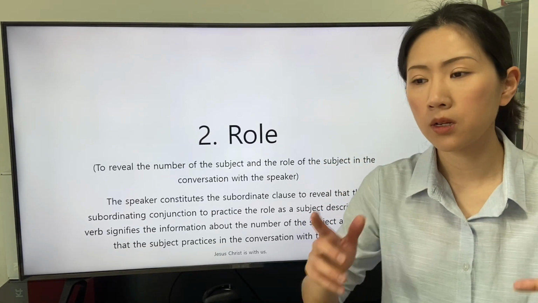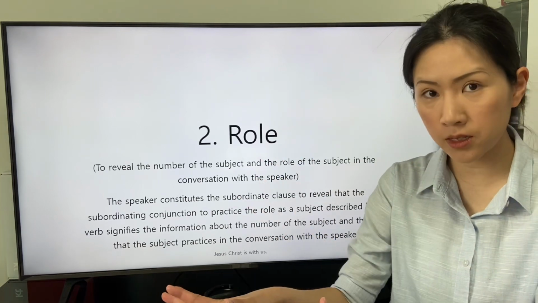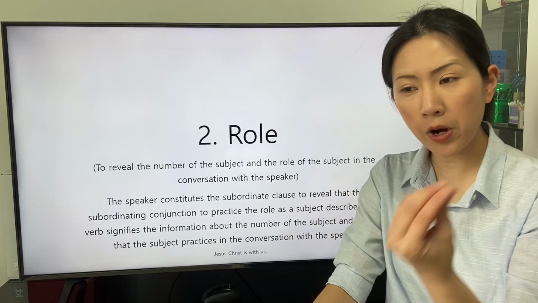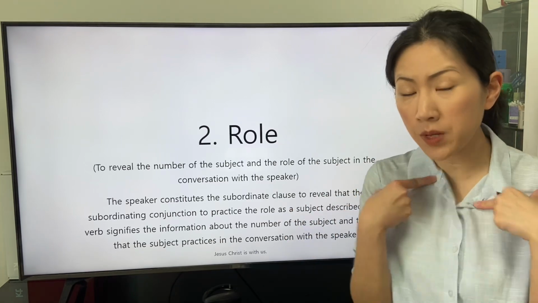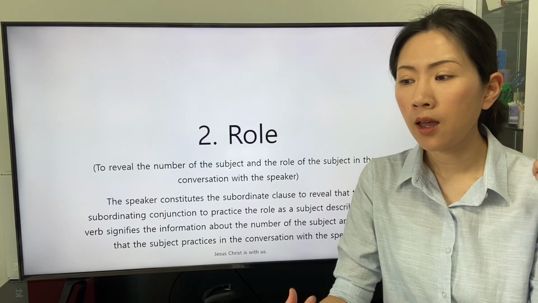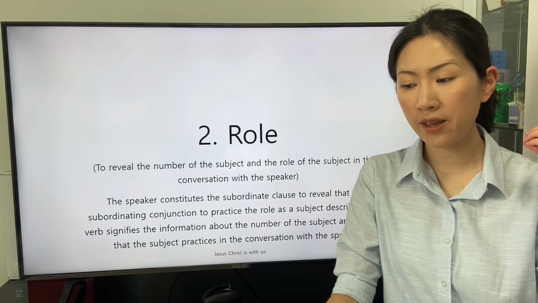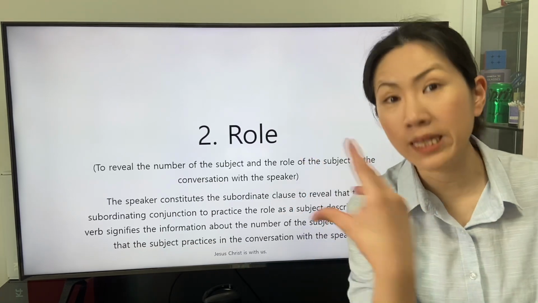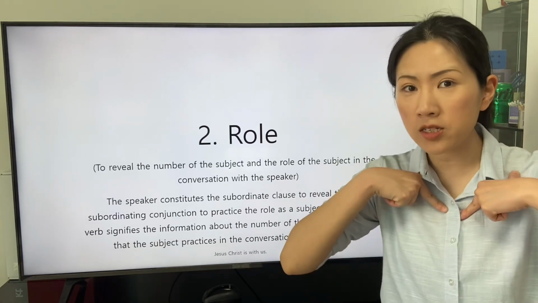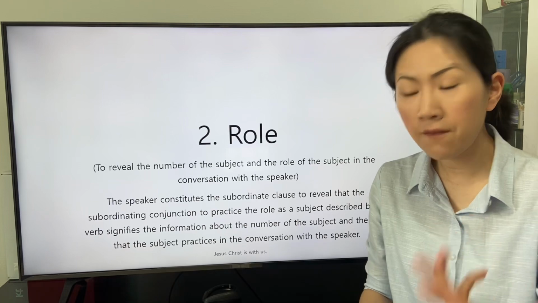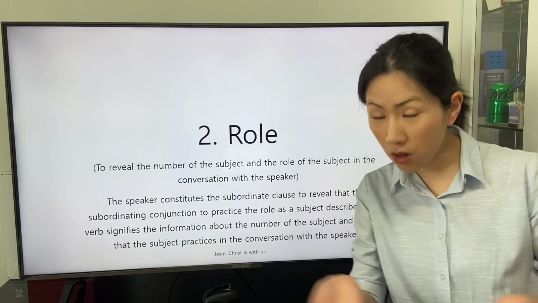The verb describes the subject, and whether the subject participates in the conversation with the speaker or not is important information for the listeners, because the listeners can prioritize the information conveyed from the clause.